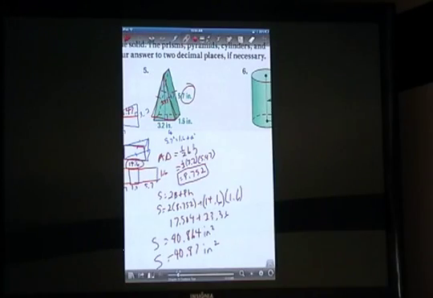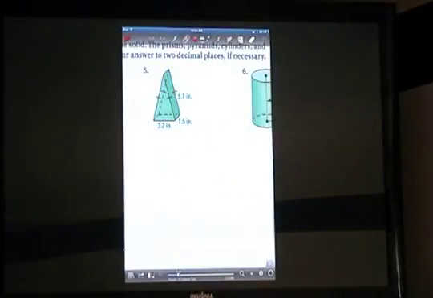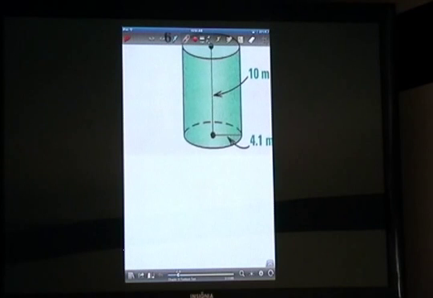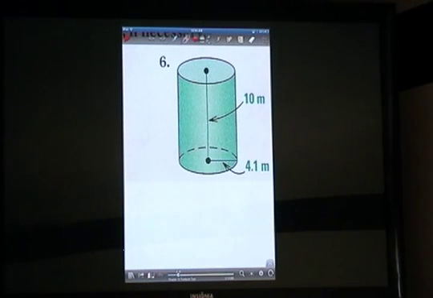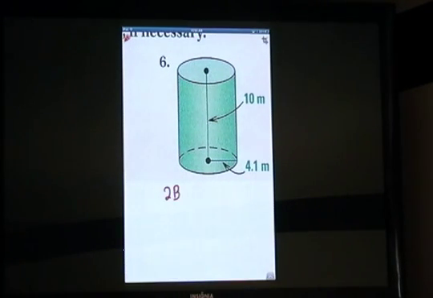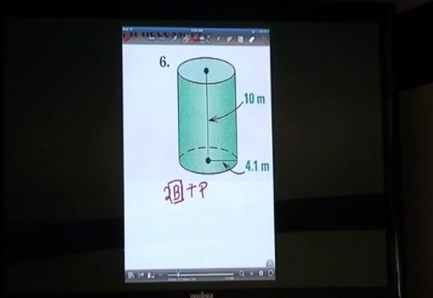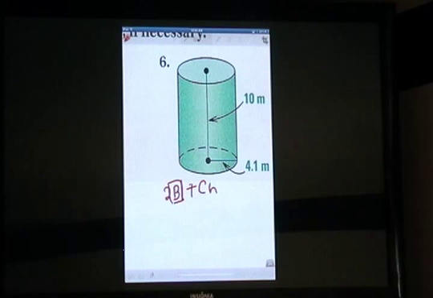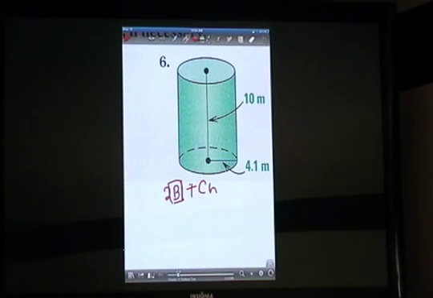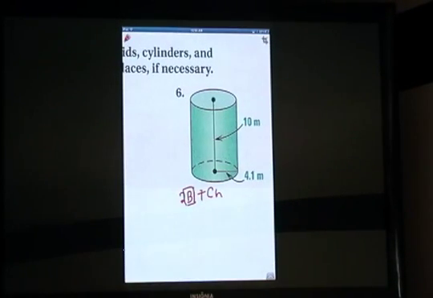Okay, so there was a lot in there that we went over. Watch it again if you need to. Okay, so for a cylinder, it's 2 bases, and that's a big B base, plus perimeter, not perimeter, sorry, it would be circumference, circumference times height. Okay, so to find the base, which is the area of a circle, we do pi r squared.